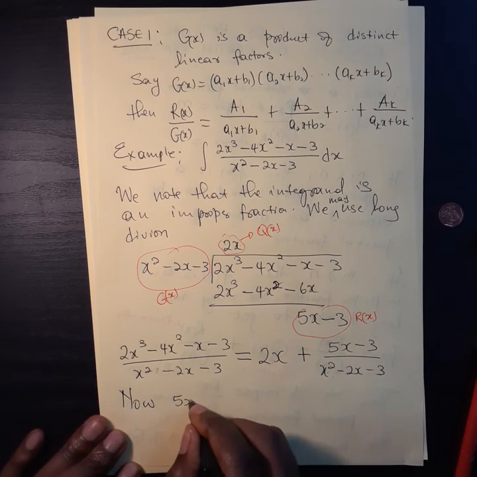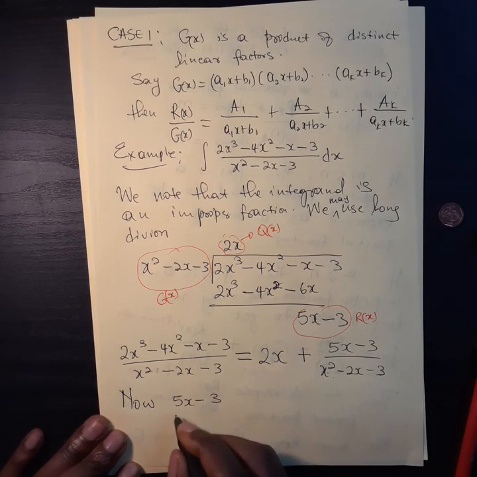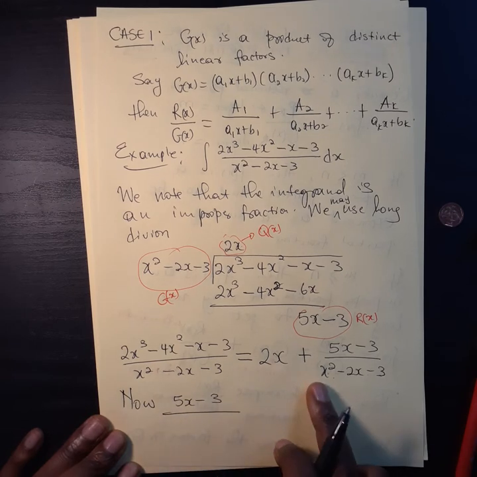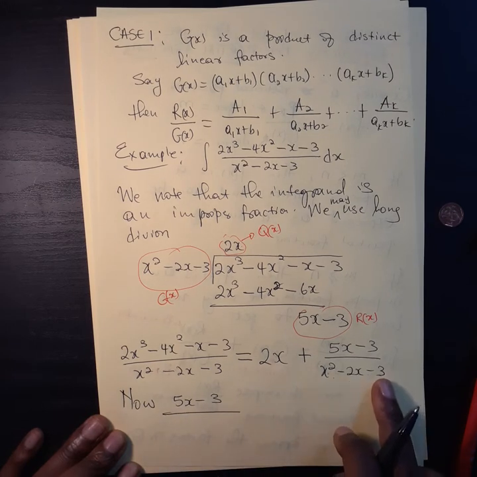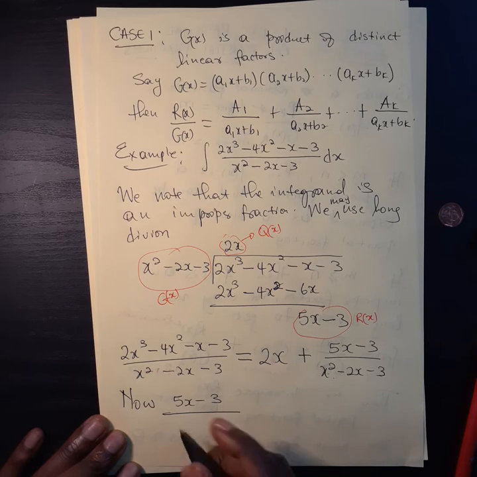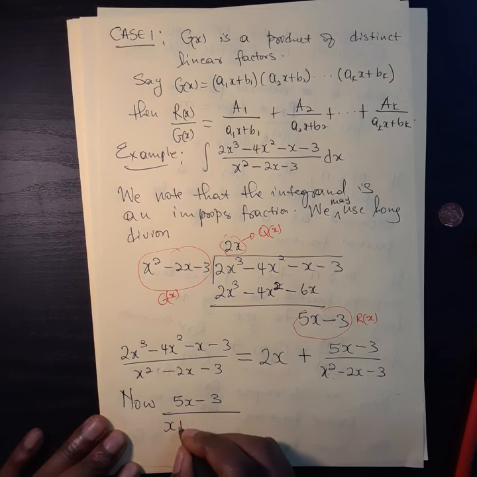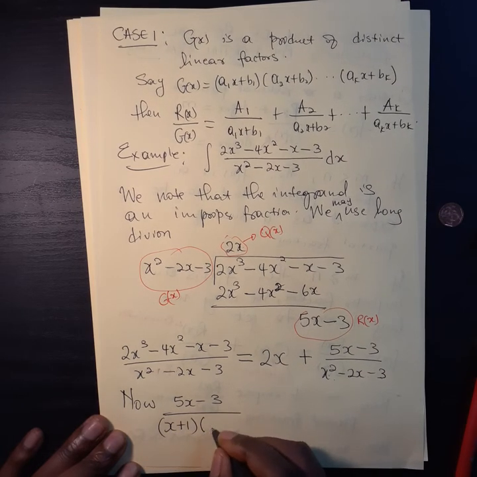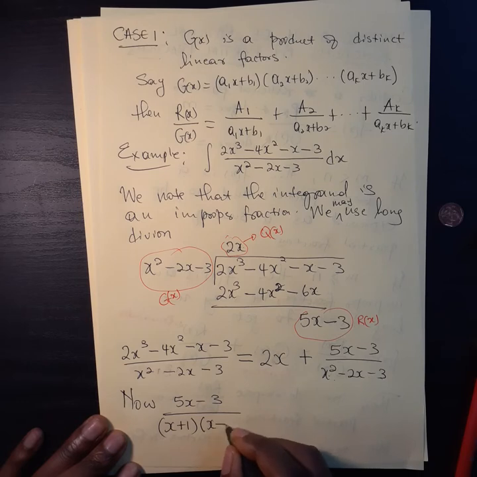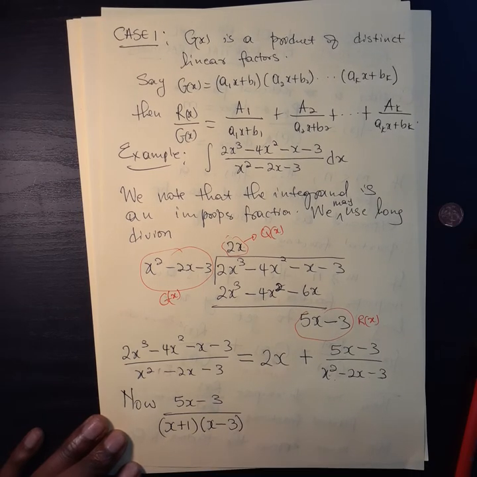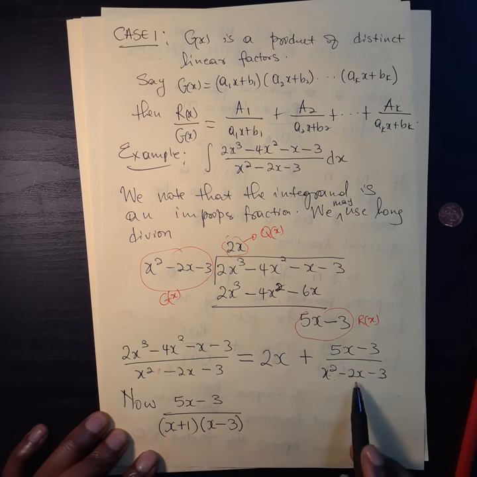Now, 5x minus 3 over x squared minus 2x minus 3 can be written as x plus 1 times x minus 3. Because when you multiply the middle term, we have positive x minus 3x, which will give us minus 2x, and then the rest is fine.